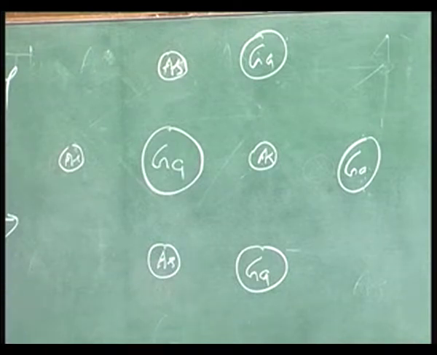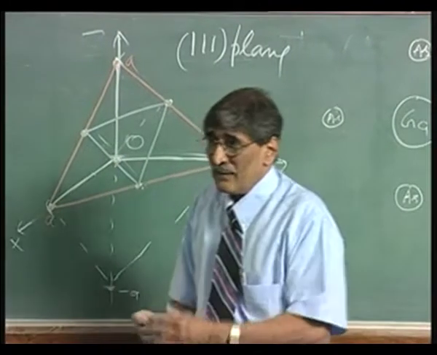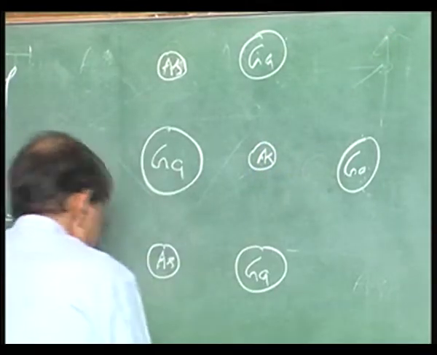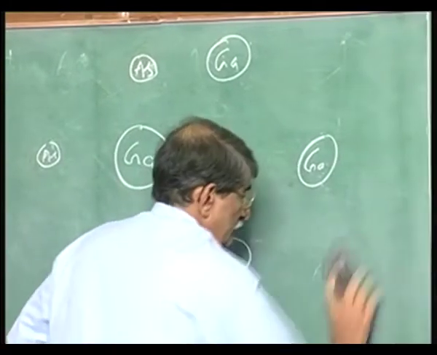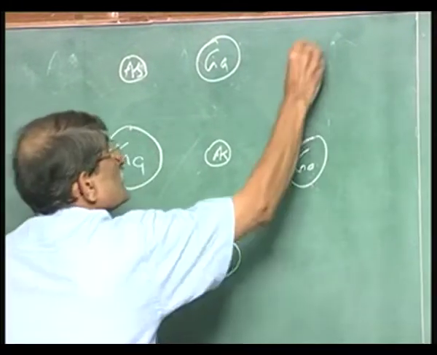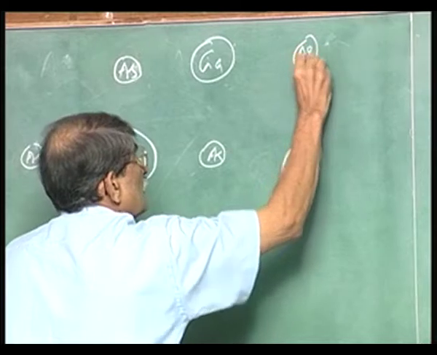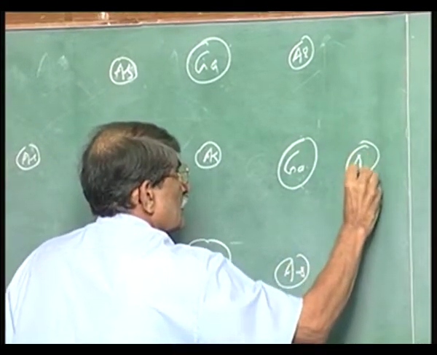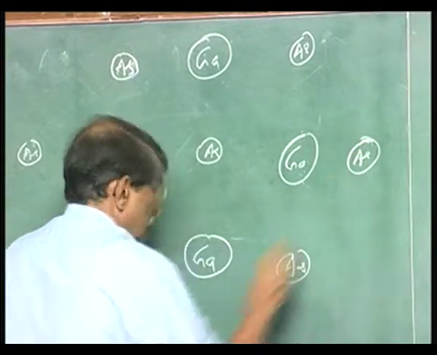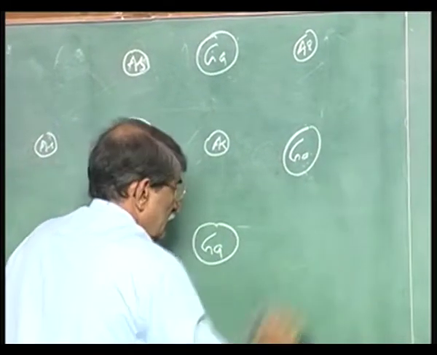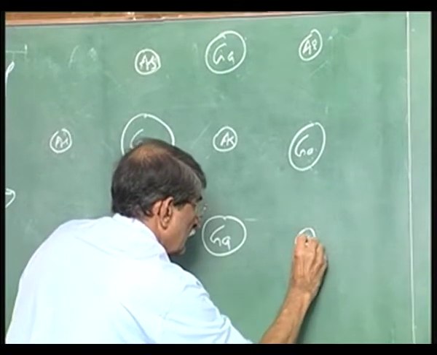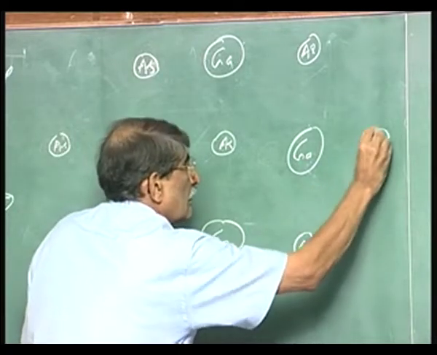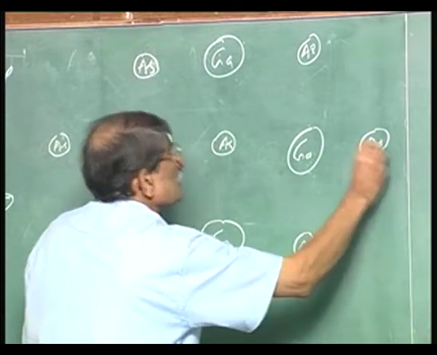In fact, if you see the 3-dimensional picture, wherever you pick, you will see them like that. So, this is arsenic, this is arsenic. I can go on. Arsenic, arsenic. I don't know if the writing is clear here. Arsenic, arsenic.